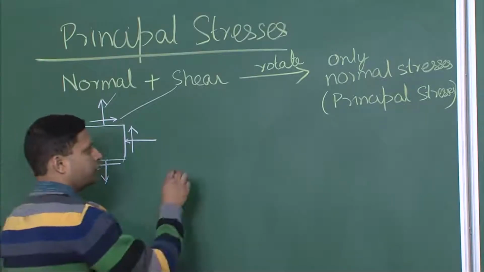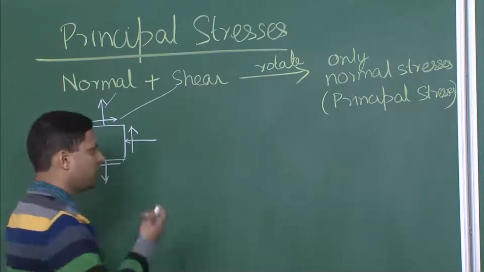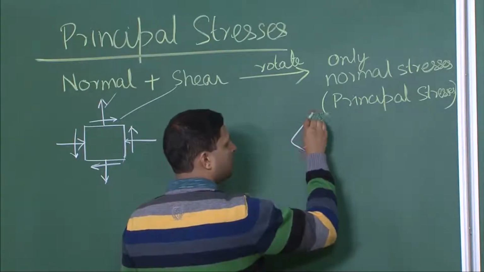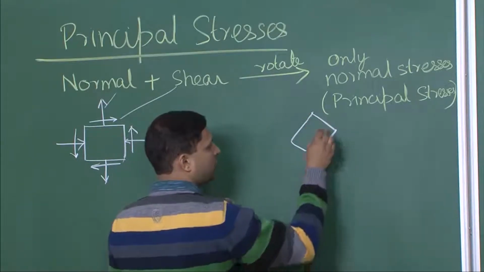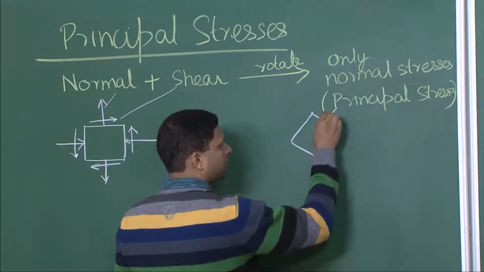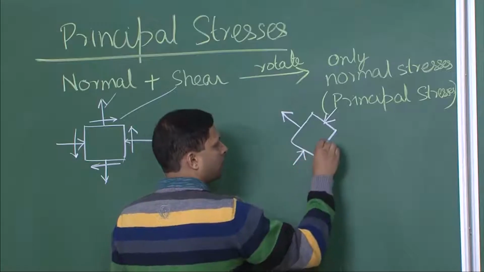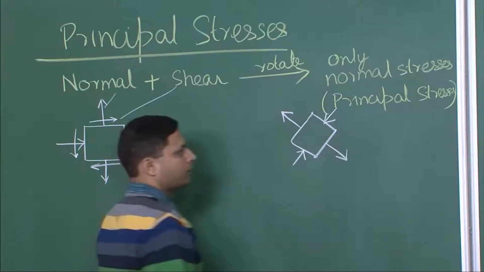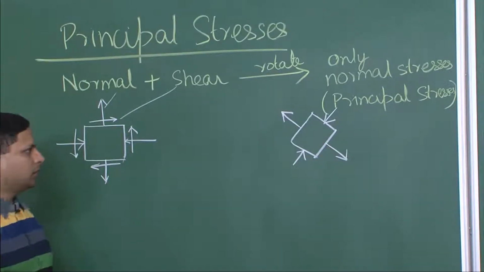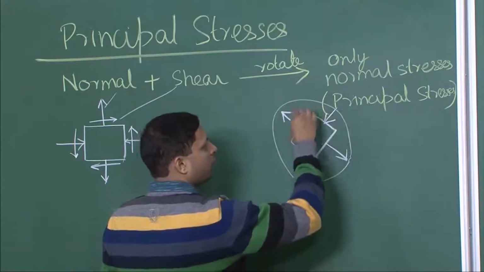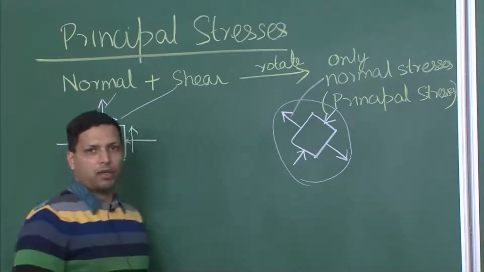Now, let us say for a particular rotation, in this case after a rotation of 45 degrees, we end up having stresses like this. Then here you can see that you have only normal stresses, you do not have any shear stresses.